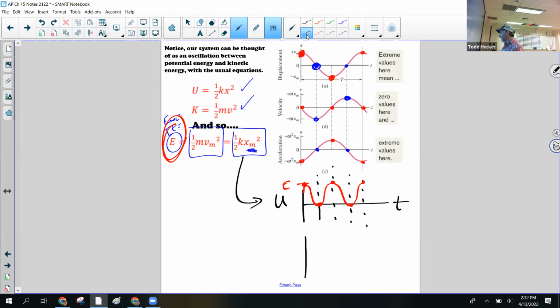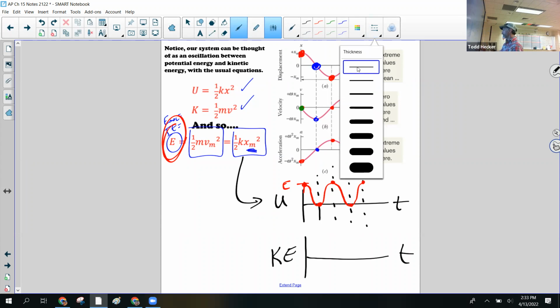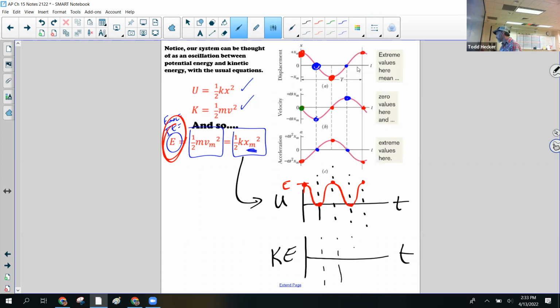And then our kinetic energy graph is going to be the same thing, but inverted, because now we care about the velocity. So let's look at our velocity graph. Our velocity is 0, kinetic energy is 0.